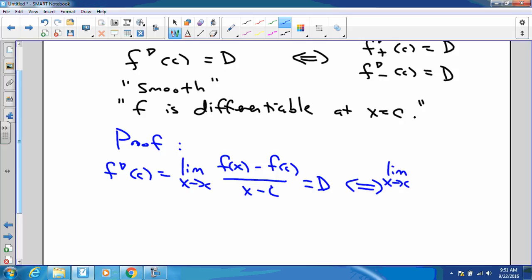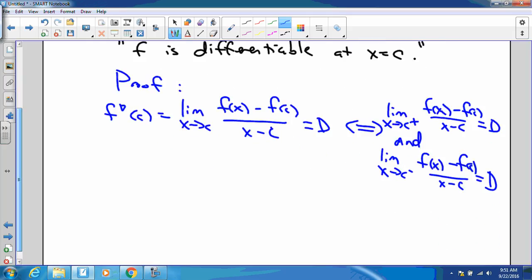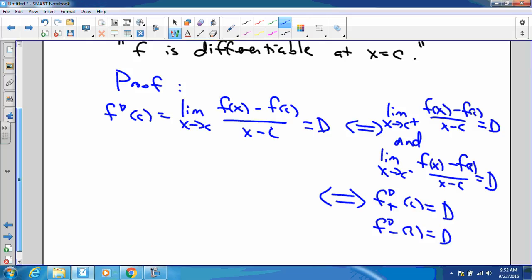And this can equal d if and only if the limit from the right of the difference quotient is equal to d, and the limit from the left of the difference quotient is equal to d, which is just another way of saying that the derivative from the right is equal to d, and the derivative from the left is equal to d.